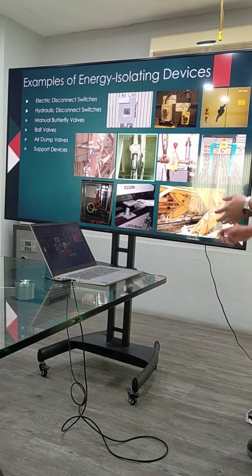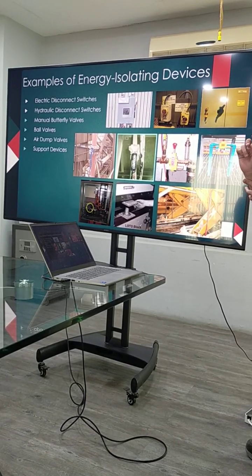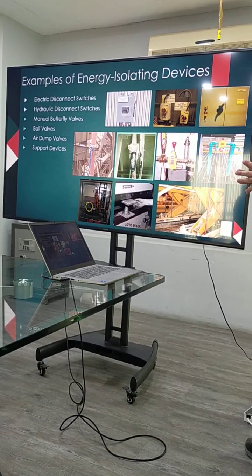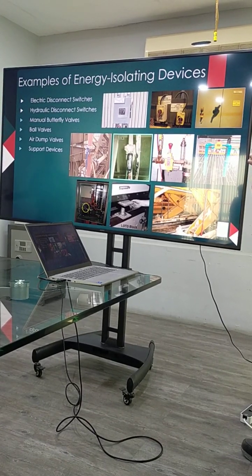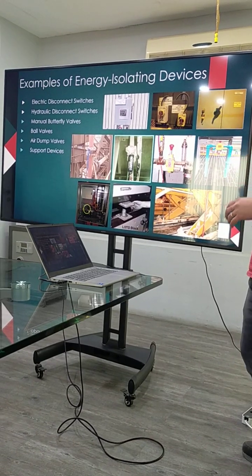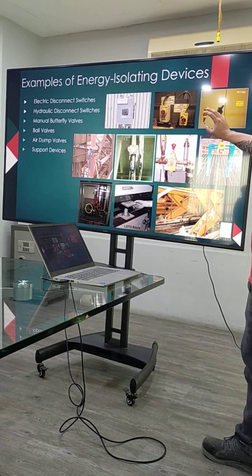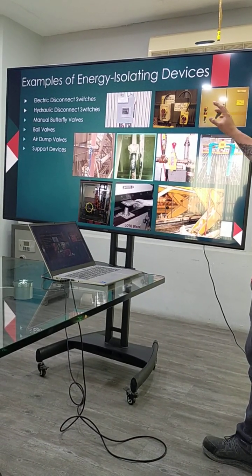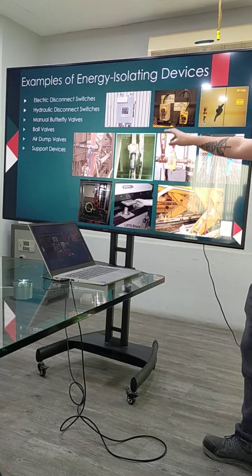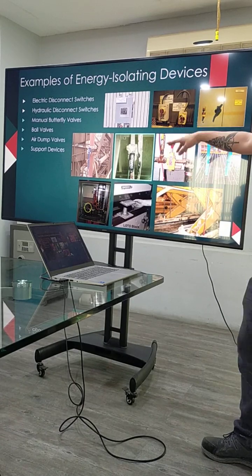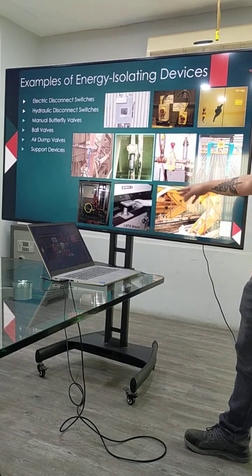The panel inside the electrical room is considered authorized personnel only. Only electricians should be there, and only they can switch the panels on and off. These are the basic isolating devices: the disconnect switches, ball valves, air dump valves, and support devices.